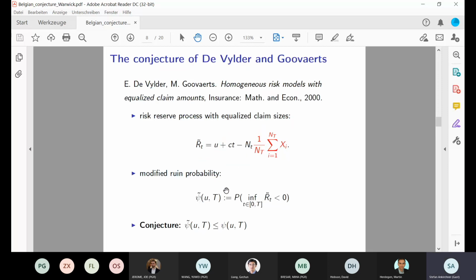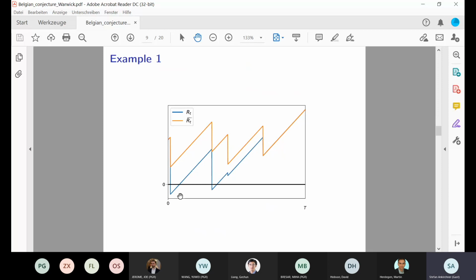So why is it not obvious? First of all, two things can happen. By equalizing, you can have a ruin for the modified process, but not for the original process. So this is this scenario.